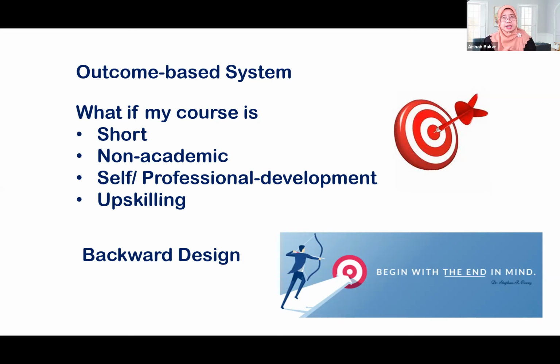So in this context, I will go down to the level of how we handle the course learning outcome, because at the end of the day, here we are talking about how we actually design a course in an online learning platform.